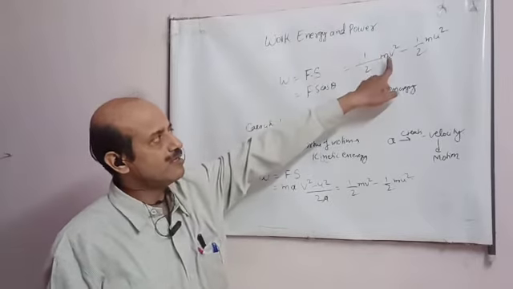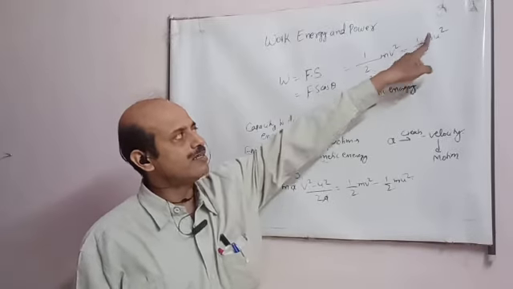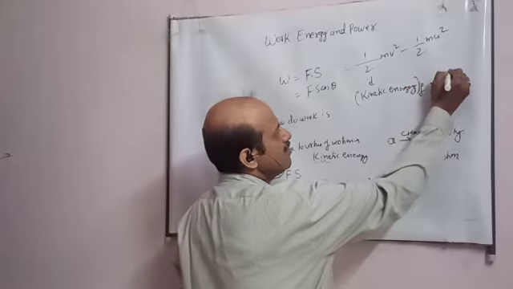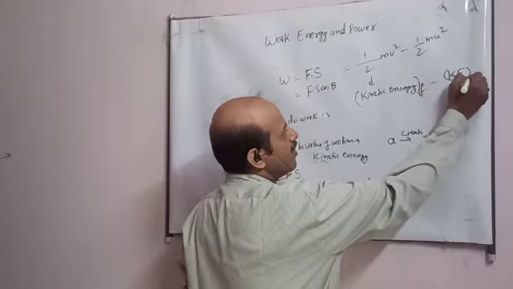Here see the velocity, there is a change in velocity. It is v, and starting it was u. So this is the final kinetic energy, and this is the initial kinetic energy.